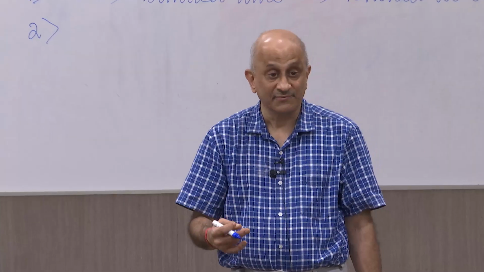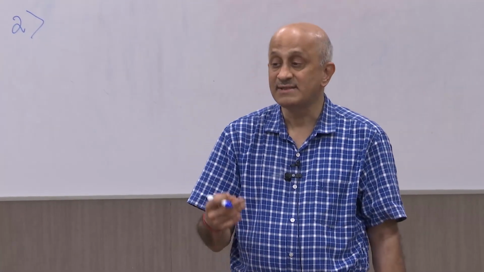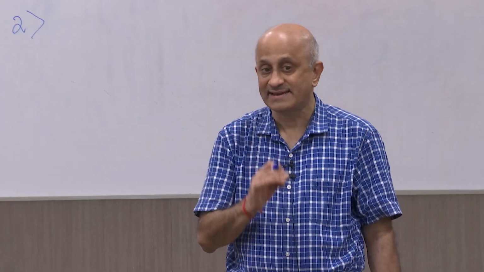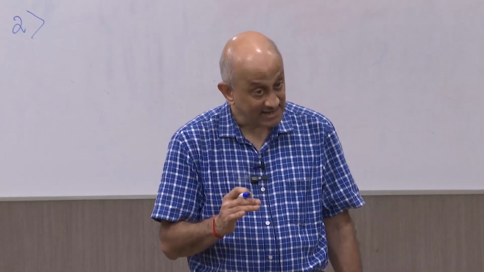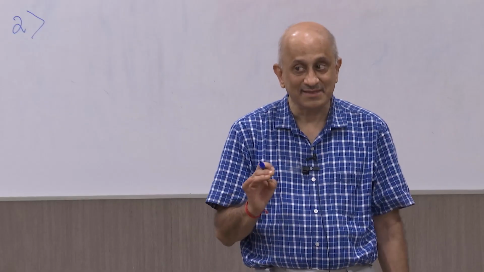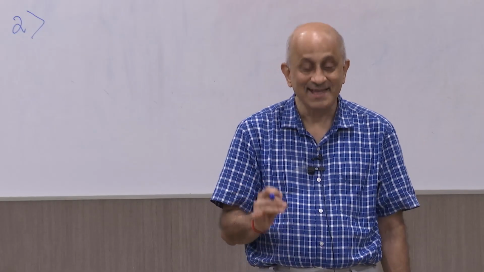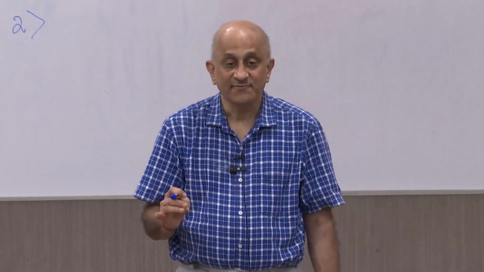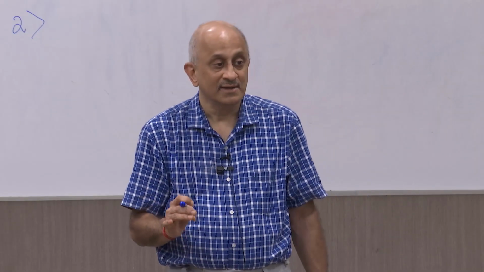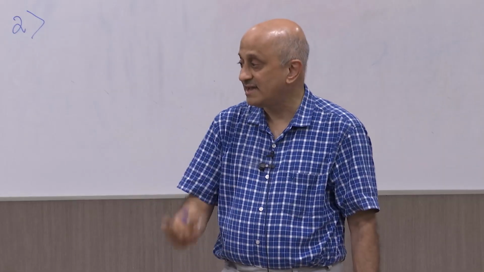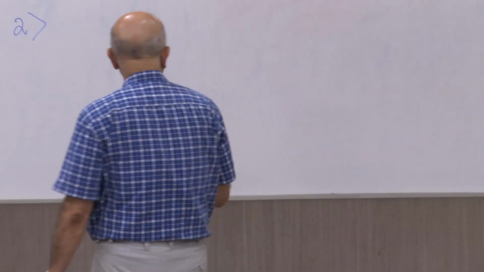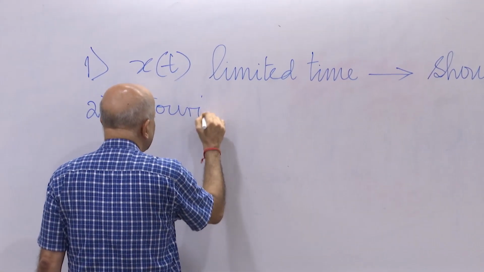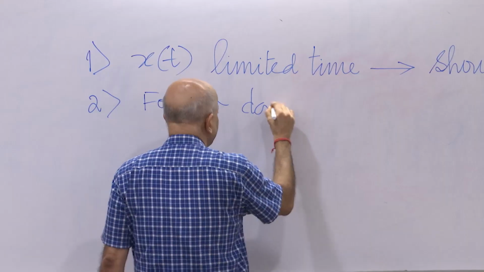All systems don't have a frequency response. If a system is unstable, you're not guaranteed that it will have a frequency response. There are unstable systems which do, which is a tricky marginal case, but even so, you're not guaranteed, and therefore you need to look at them a little bit carefully. Anyway, so let's say, the equivalent Fourier domain effect of convolution.